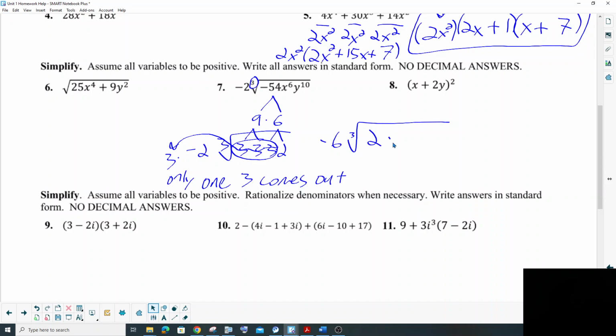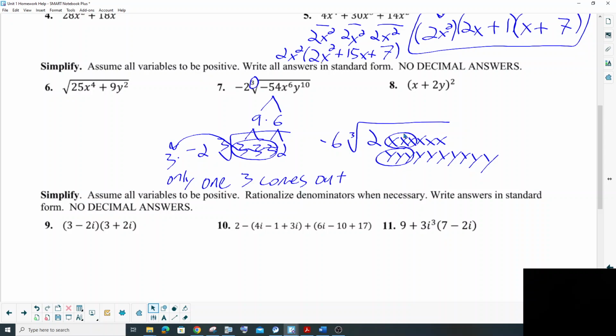And then how many x's do we have? 1, 2, 3, 4, 5, 6. How many y's do we have? 1, 2, 3, 4, 5, 6, 7, 8, 9, 10. How many groups of 3?